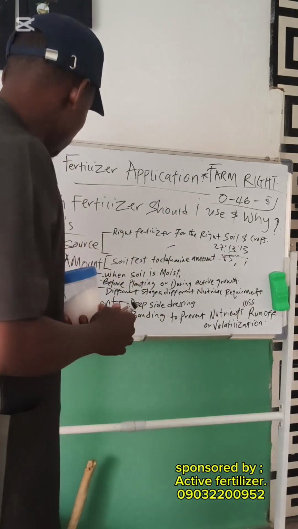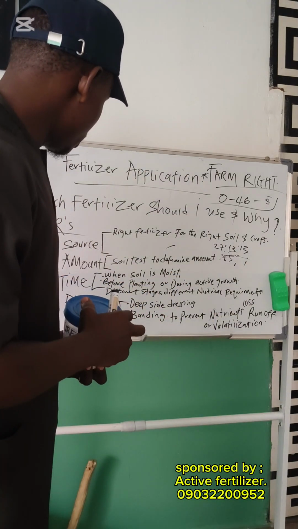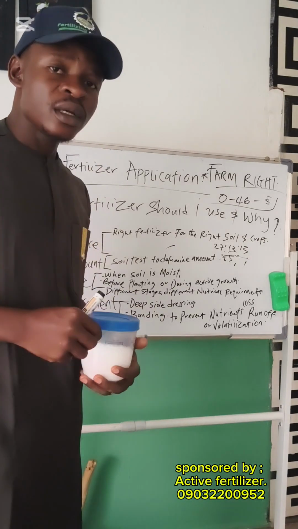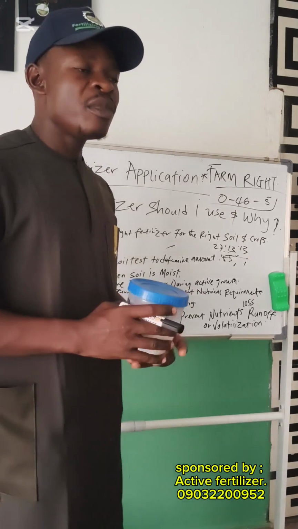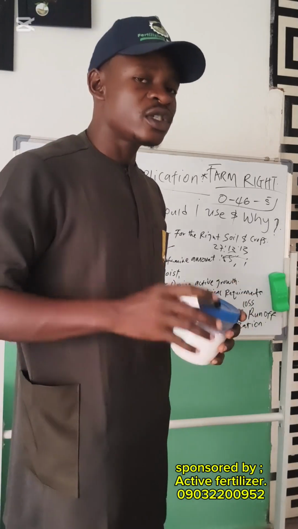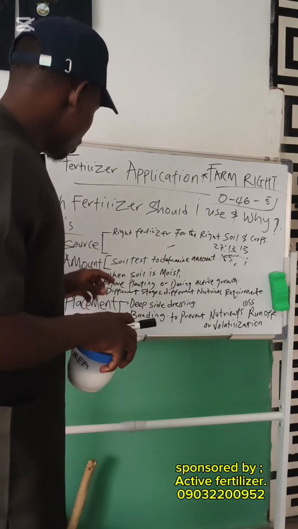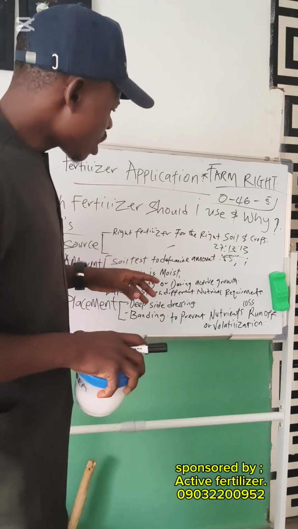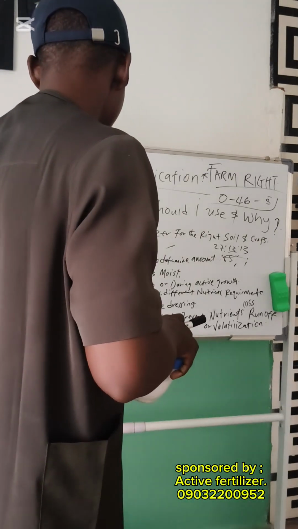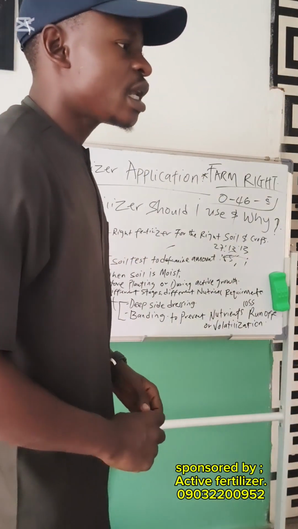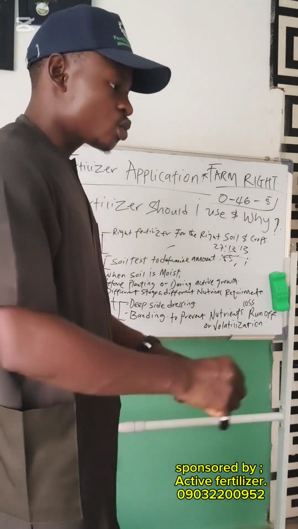That is why, when we go to the last one, which is right placement, the method of application in rice is not the same as the method of application in maize. So you make sure you carry out your soil test to determine the right amount of nutrient fertilizer to apply to the soil.